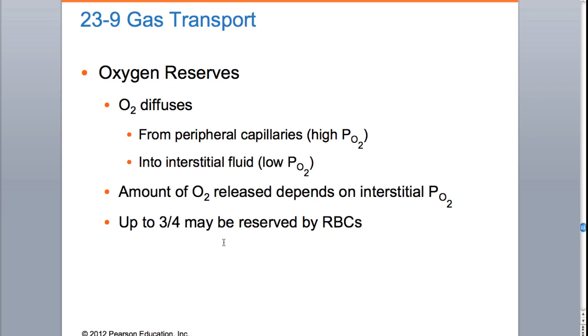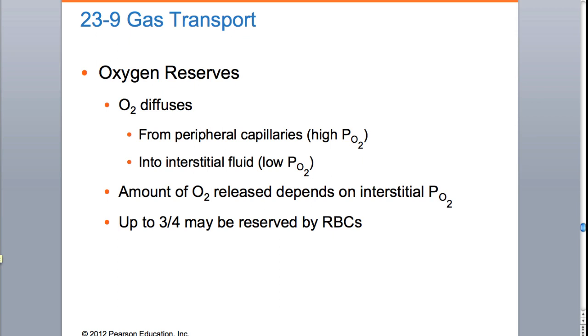Now that last bullet down here, we've already said. It says up to 3/4 may be reserved by red blood cell. What does that mean? About 1 out of 4 oxygens are removed from hemoglobin, which means we actually do what? Save 75% of the oxygen on a red blood cell, on a hemoglobin. Only 1/4 is used up at rest, so we only use up 25%.